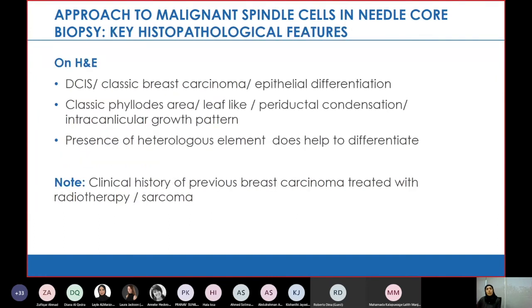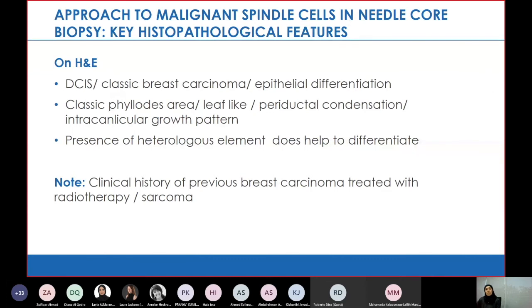Now, the approach: we will start with morphological findings on H&E. We will look for areas of DCIS, classical breast carcinoma, or epithelial differentiation, which will help tilt the diagnosis toward metaplastic carcinoma. Or if we have a classical phyllodes area, with a leaf-like pattern, periductal condensation, and intracanalicular growth pattern.